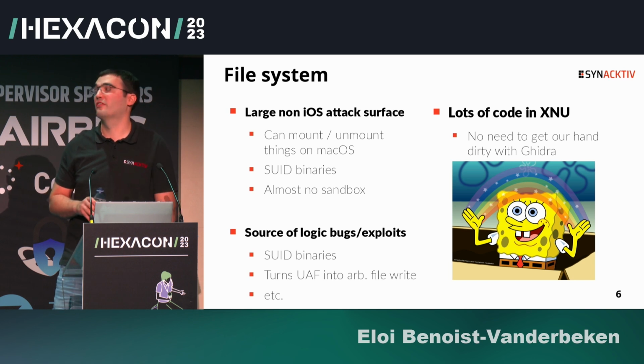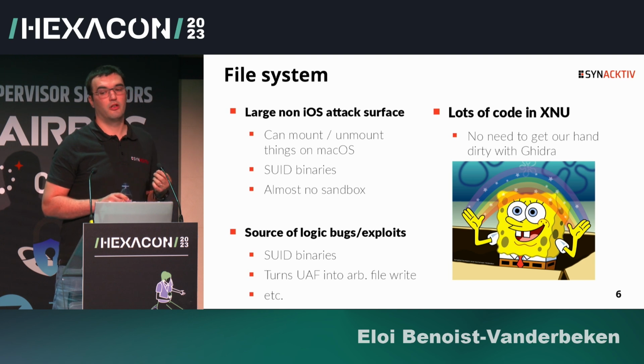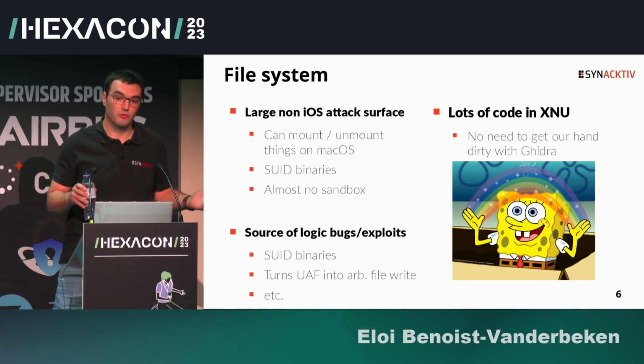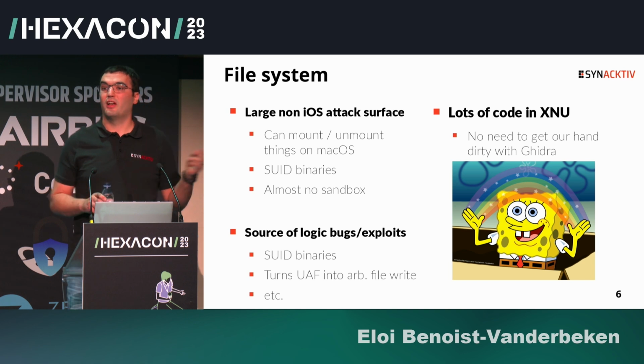The good thing with a file system is that it's also a source of logic bugs and exploits because of the SUID binaries. Of course, if you can write a SUID binary or create one as root, then you are automatically root. And you can also try to turn UAF into arbitrary file writes.